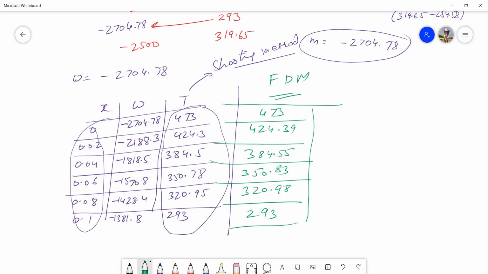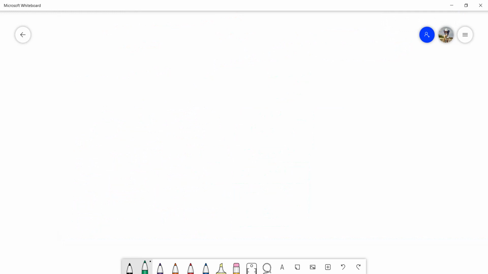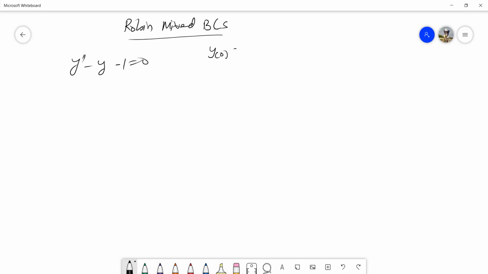So let's take the second example where we'll try to solve a mixed boundary value problem using finite difference method. So we have Robin mixed boundary conditions. Suppose we have an equation: y double derivative minus y minus 1 is equal to 0, and y at 0 is 0.